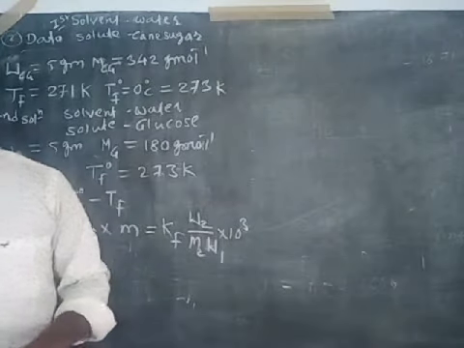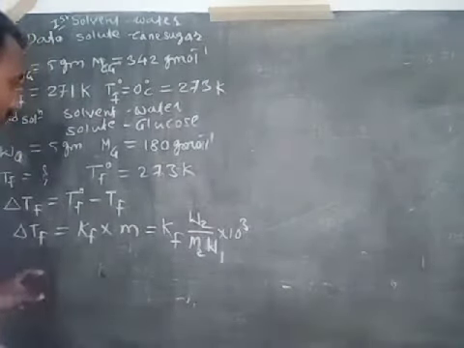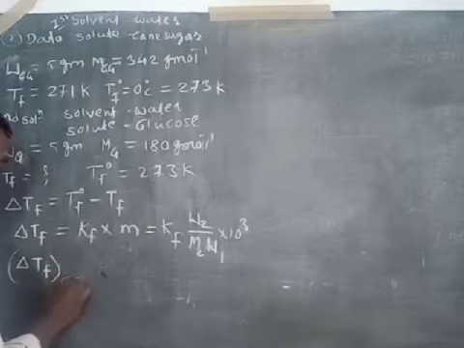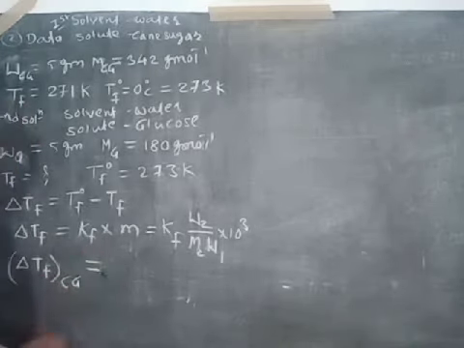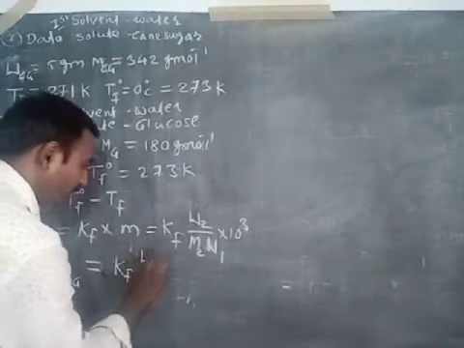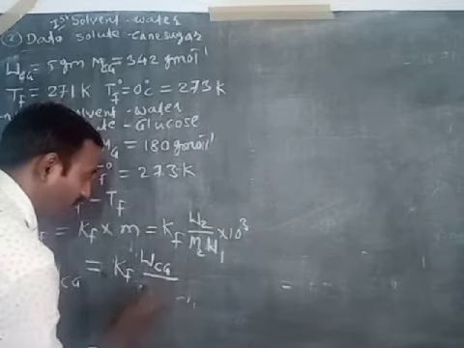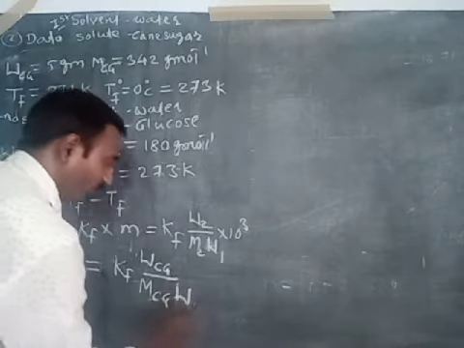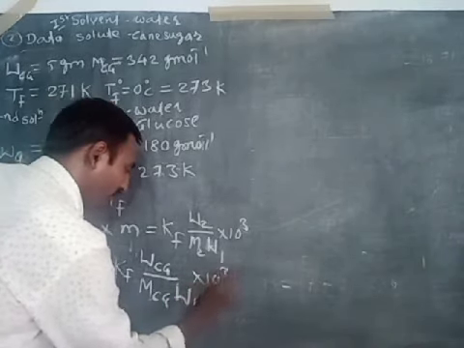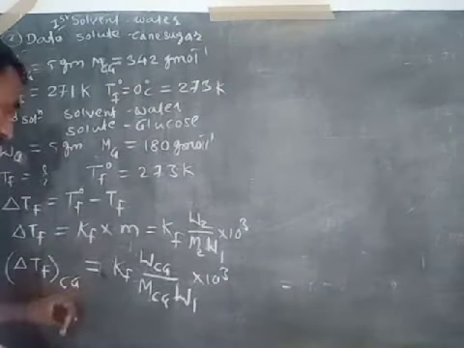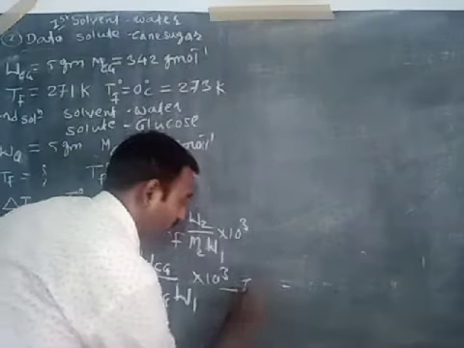We will go for the first solution first. The equation for the first solution will be delta TF for Cg, that is cane sugar, is equal to KF into W2, that is WCg upon MCg into W1 into 10 to the power 3. That will be the first equation for the first solution.